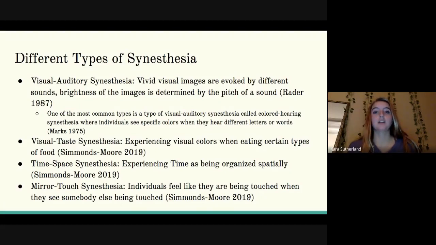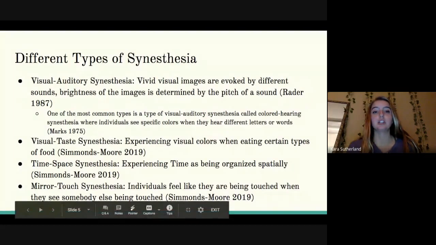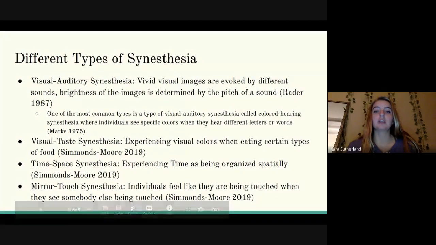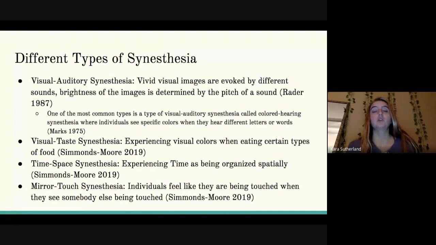So the higher the pitch might be a different color, or the brightness of the color that they're seeing might be different than if it was a lower pitch. Then we also have visual taste synesthesia, which is experiencing visual colors when eating certain types of food. So you might be experiencing one color when you're eating spicy food and another color when you're eating sweet food, which is really cool.